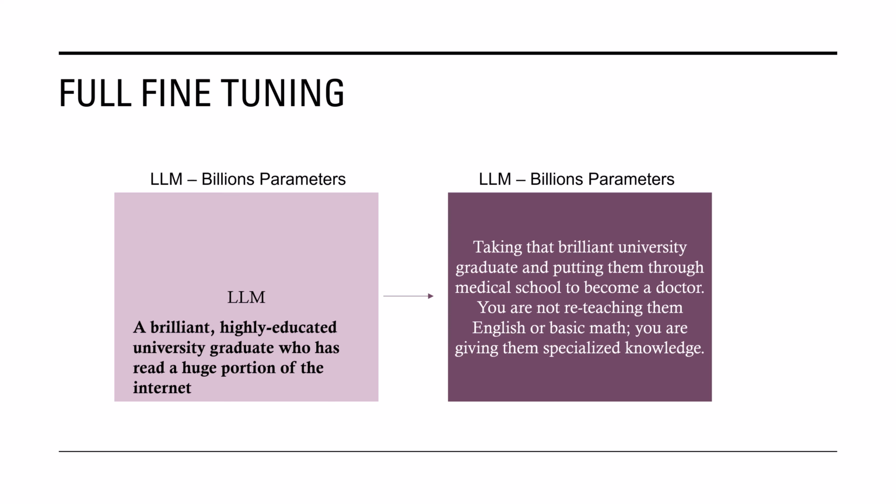You show the model examples of your specific task, like thousands of question-answer pairs about medical diagnosis, and the model adjusts its internal weights to get better at that specific task. So now you have a new full-size model that is an expert in a fine-tuned domain. It is still as large as the base model because you have modified the original weights.